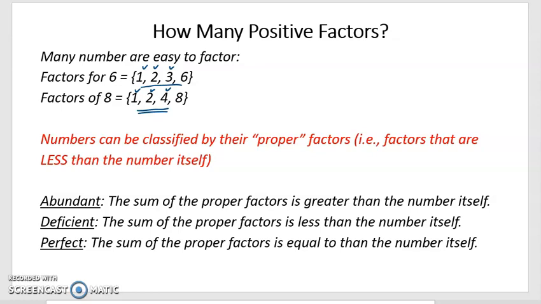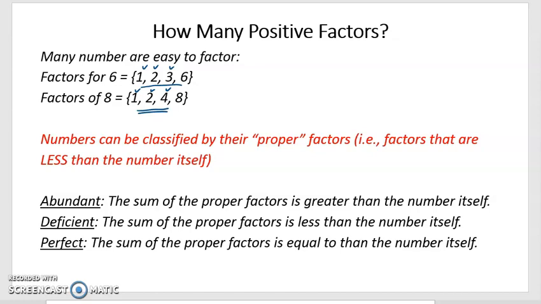So numbers, if you look at their proper factors, can be categorized into 3 categories. Numbers could be abundant, deficient, or perfect. I like that. A perfect number. An abundant number is one where the sum of the proper factors is greater than the number itself.